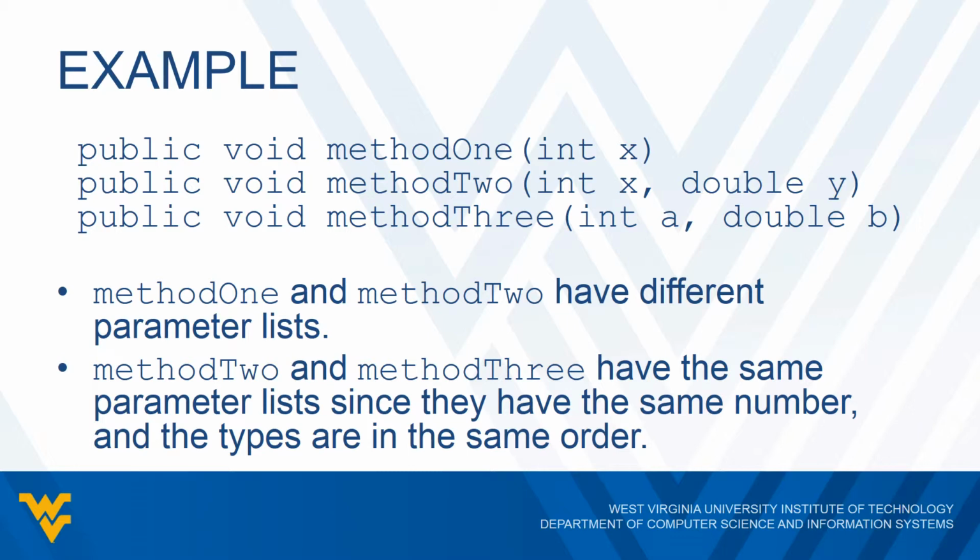They have the same number of parameters, both have 2, and the types are in the same order: an integer first and a double second. It doesn't matter that the parameter names are different, because method 2 has x and y and method 3 has a and b. If they have the same number of parameters and the corresponding parameters are the same types, then we say those two methods have the same parameter lists.